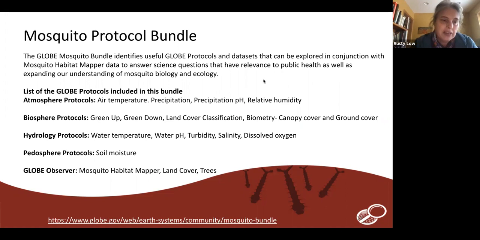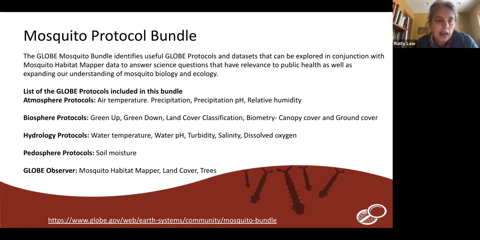Finally, and this is just what Brian mentioned, when you look at Globe Observer data, it's great if you can collect coincident data at the same place at the same time using more tools, because that's going to give you a very rich data set and get around some of the limitations that a very new citizen science program has with respect to temporal or spatial density. So that's one of the take homes I hope you get today from our presentations.